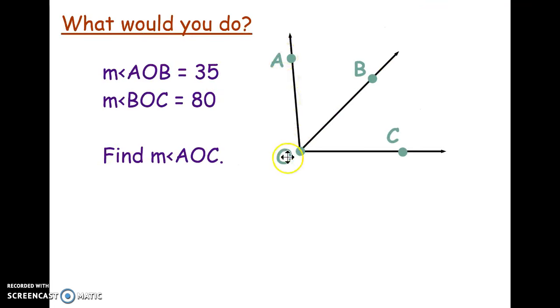So if I wanted to know AOC, and I knew that AOB was 35 and BOC was 80, to find the whole thing, I just add those together.